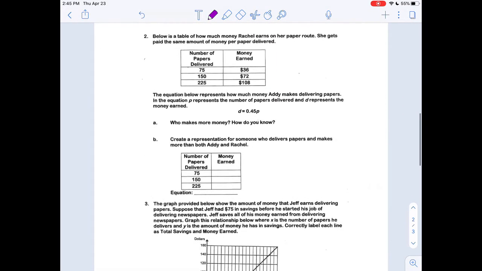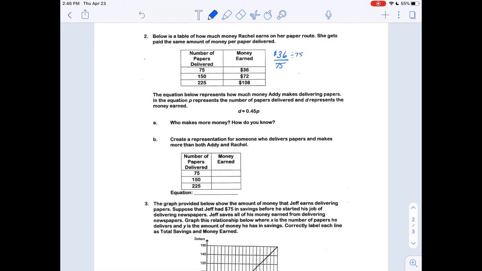Now, looking at this table, I've got Rachel, and she's going to make some money on her paper route as well. It says right here that she gets 75 papers, she'll get 36. So I need to look for that unit rate again. For her, I would take, again, money on the top and papers on the bottom.